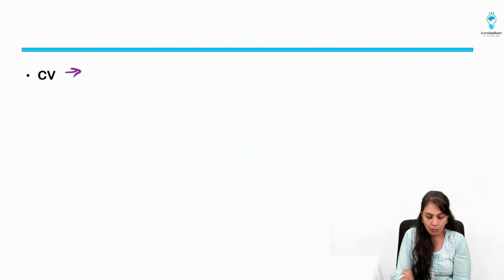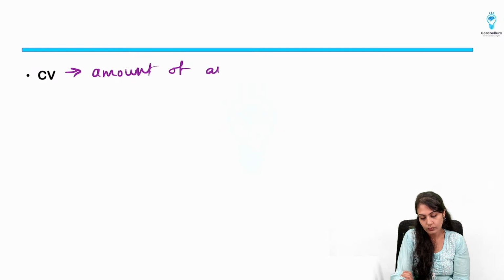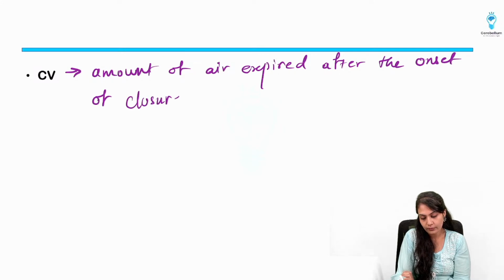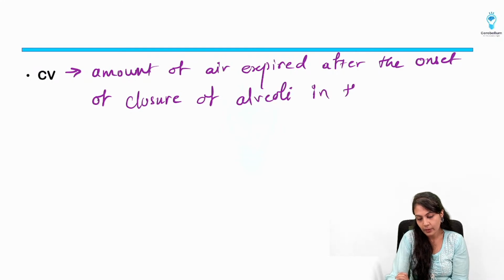What is the closing volume? Closing volume is nothing but the amount of air expired by the subject after the onset of closure of alveoli in the dependent part.